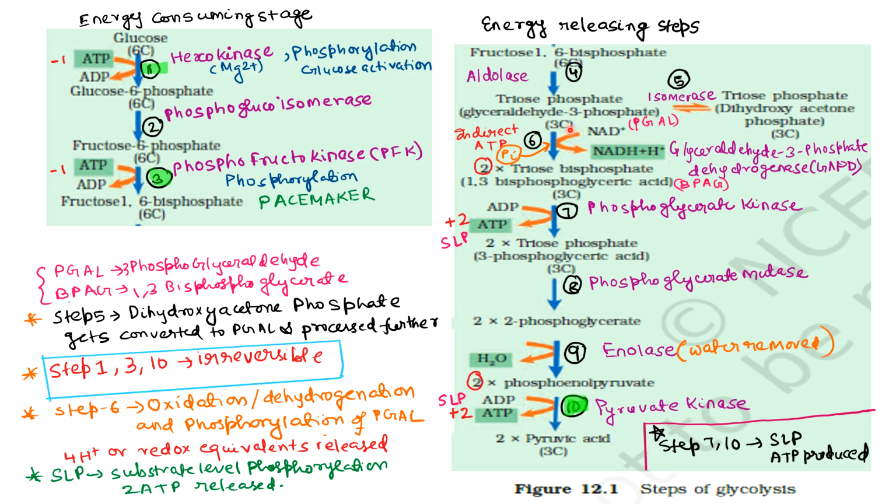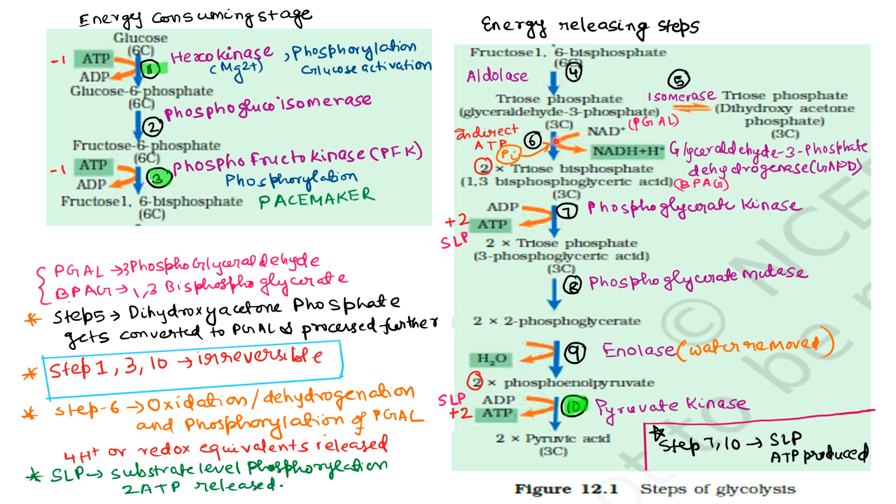NAD plus is getting reduced to NADH and H plus, and this helps in the oxidation of glyceraldehyde 3-phosphate to phosphoglyceric acid. Another thing which is happening is addition of a phosphate group, but we don't see any ATP added here. So the phosphate group is coming from the inorganic phosphate, Pi, or the H3PO4 in the solution.